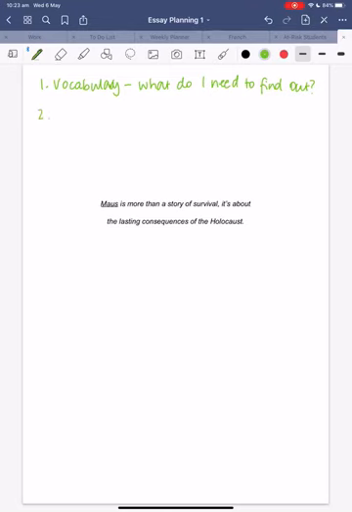Okay, 2. What's the main idea behind this prompt? All right, so this is where we kind of reword the essay question or the prompt to make sure that we have understood it in really clear terms.